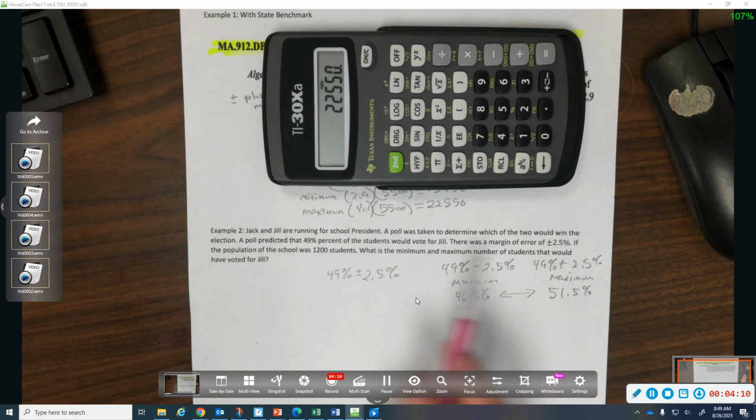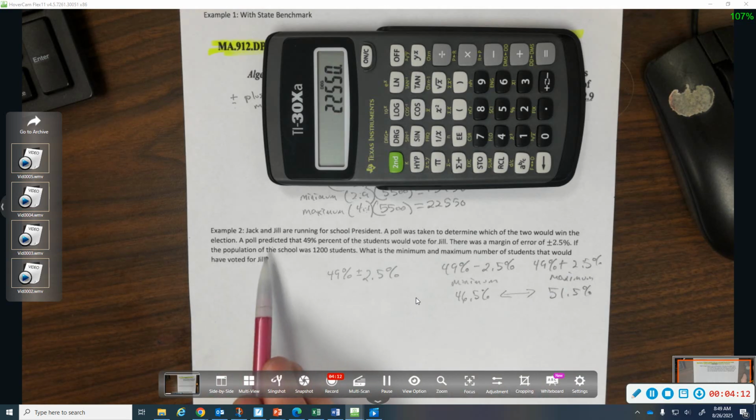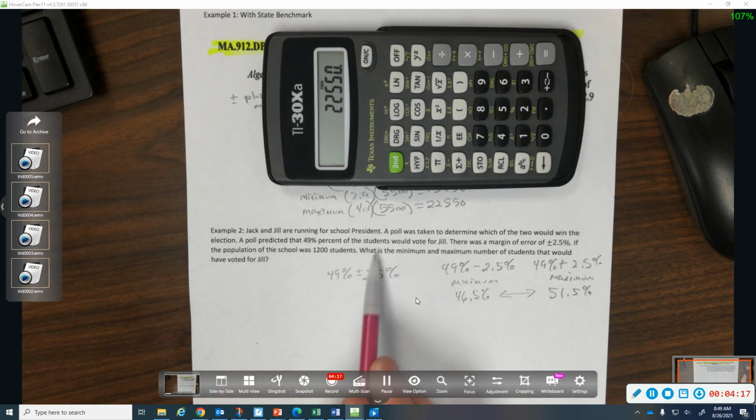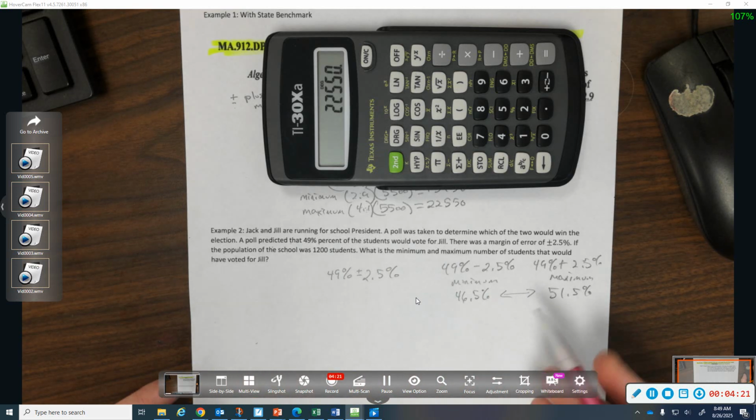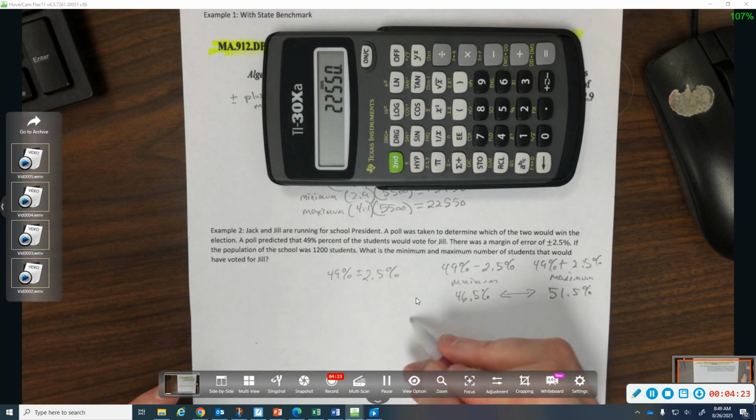Now, we go a little further, and we can see that the population of the school was 1,200 students. What is the minimum and maximum number of students that would have voted for Jill? Well, all we have to do is take this number, 46.5, but as a percent we need to convert it to a decimal.